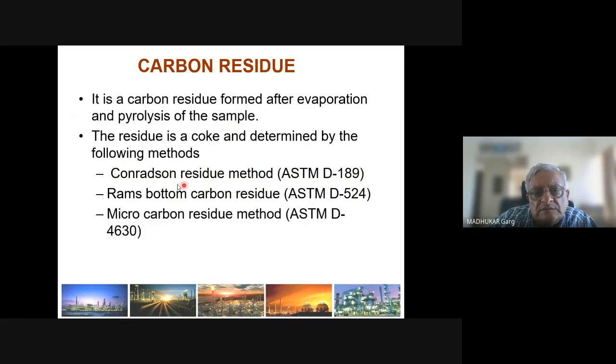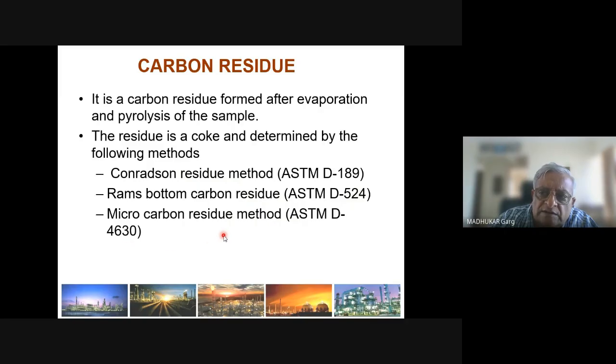Now, of course, there's a much quicker method called Ramsbottom carbon residue. In short, it is also called RCR. Conradson carbon residue is called CCR, and Ramsbottom carbon residue is called RCR, and that is covered by ASTM D524. And today, even this has been completely automated, and we have instruments called MCR, that is microcarbon residue, ASTM D4630.